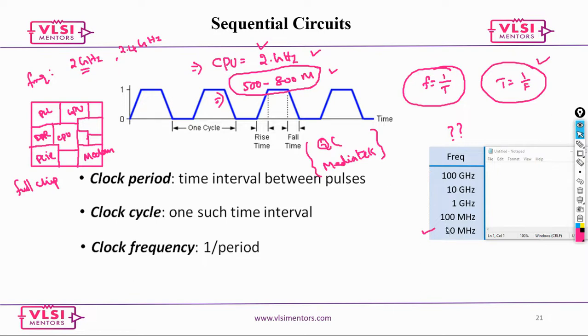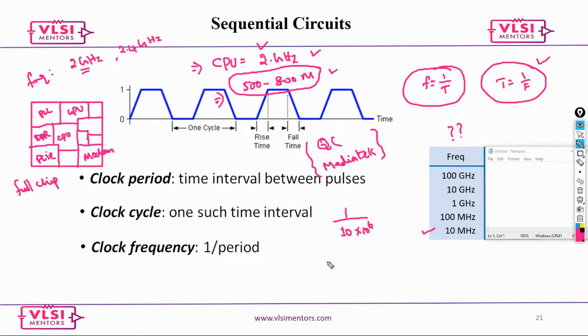So the first case is basically 10 megahertz. In the interest of time, let me just do the math in front of you. Mega means 10 to the power 6.